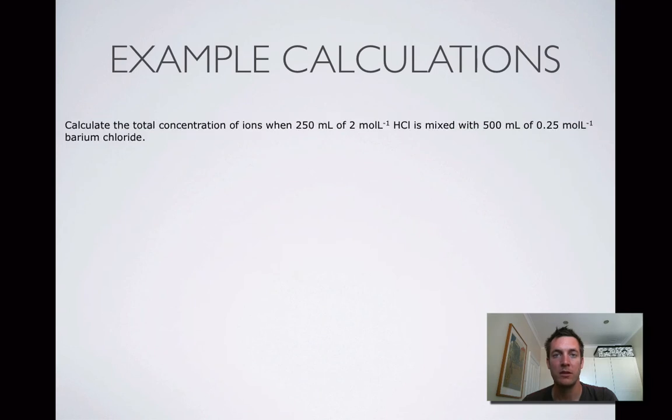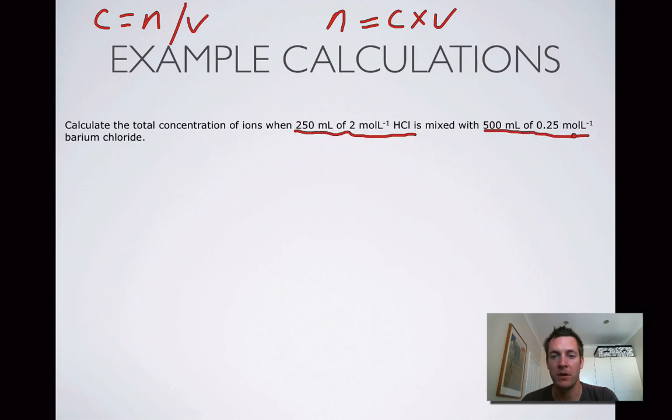Okay. Moving on to a slightly more difficult problem where we're not told the number of moles of the substance, but remembering what we've just seen, that C equals N on V, and therefore N equals C times V, we can figure out how many moles of these two substances we've got, right? So here, the number of moles of HCl is 2, because that's the concentration, times 0.25, because that's the volume in litres.